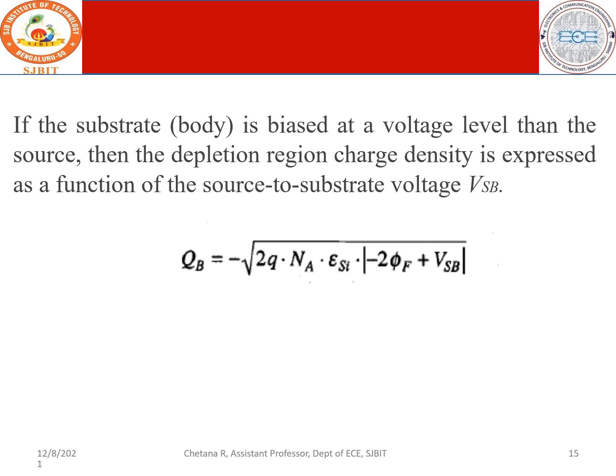So to be on the safer side, the substrate bias is also considered. Then in that case, the bulk charge in the depletion region depends on the substrate bias, which is given as minus root of 2q into Na into epsilon Si of 2 phi f plus VSB. So VSB is the substrate bias voltage.